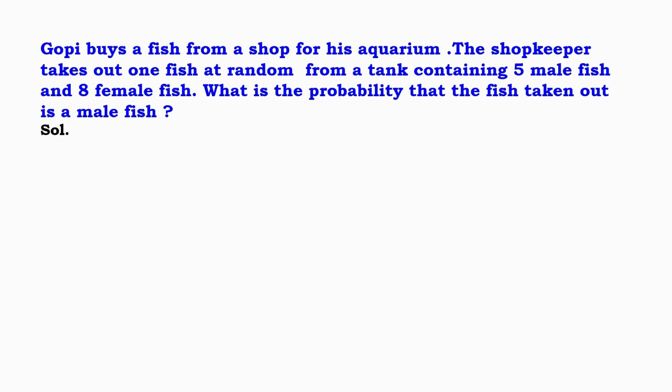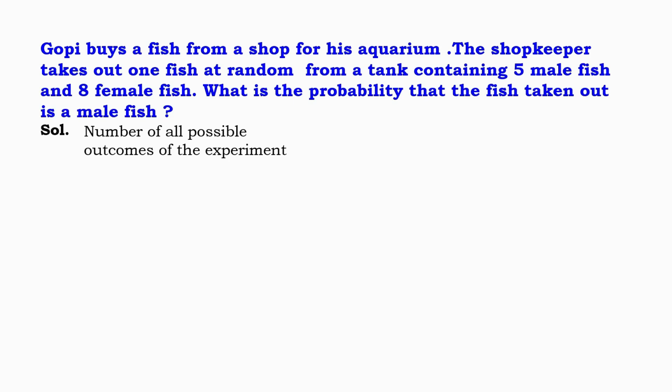Gopi buys a fish from a shop for his aquarium. The shopkeeper takes out one fish at random from a tank containing 5 male fish and 8 female fish. What is the probability that the fish taken out is a male fish?